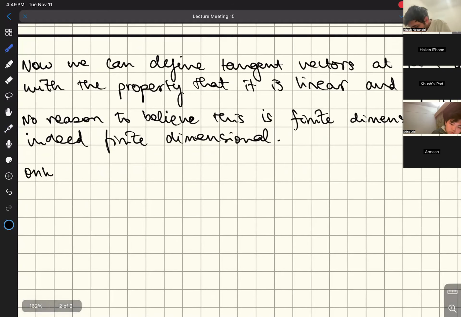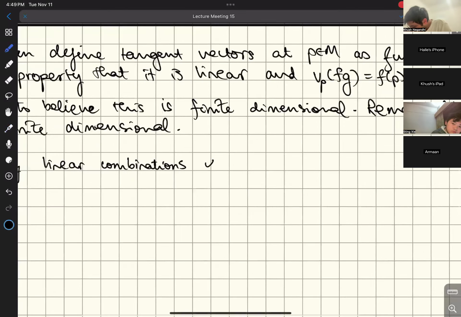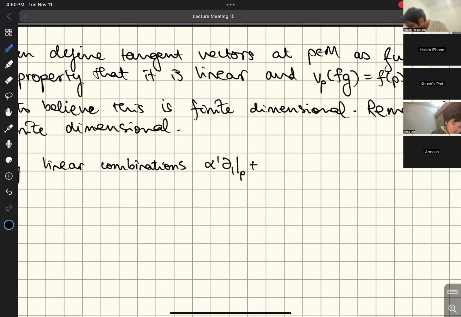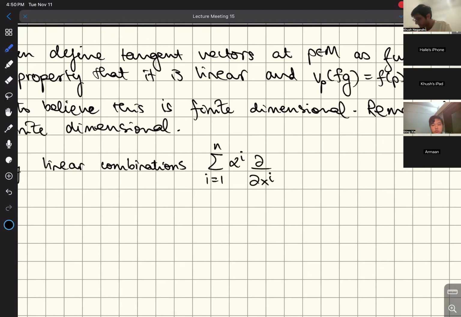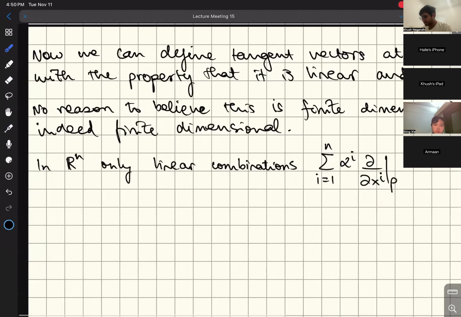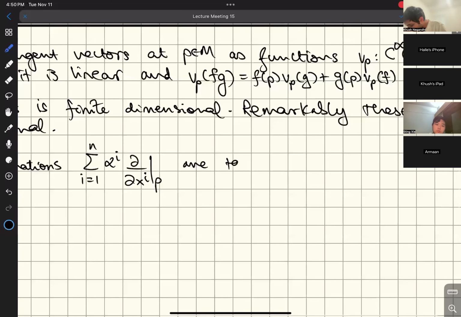But what I'll try to convince you of is that in Rn, only linear combinations alpha_1 partial_1 at P plus alpha_2 partial_2, and so on, that is, the sum over i equals 1 to n of alpha_i partial/partial x_i at P, are tangent vectors.